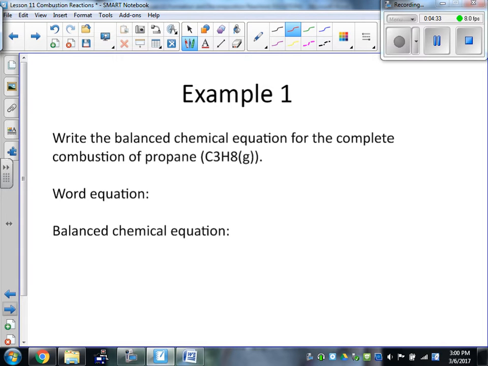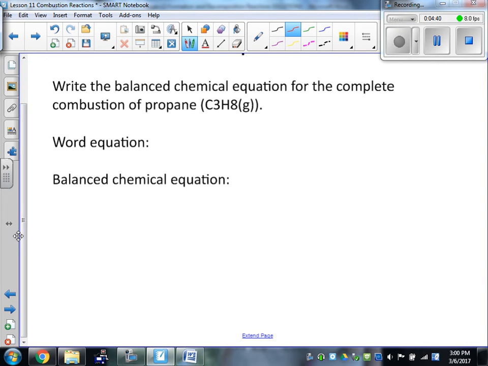So we're going to write out some things here. Let's do these examples real quick. Write a balanced chemical equation for the complete combustion of propane, C3H8.